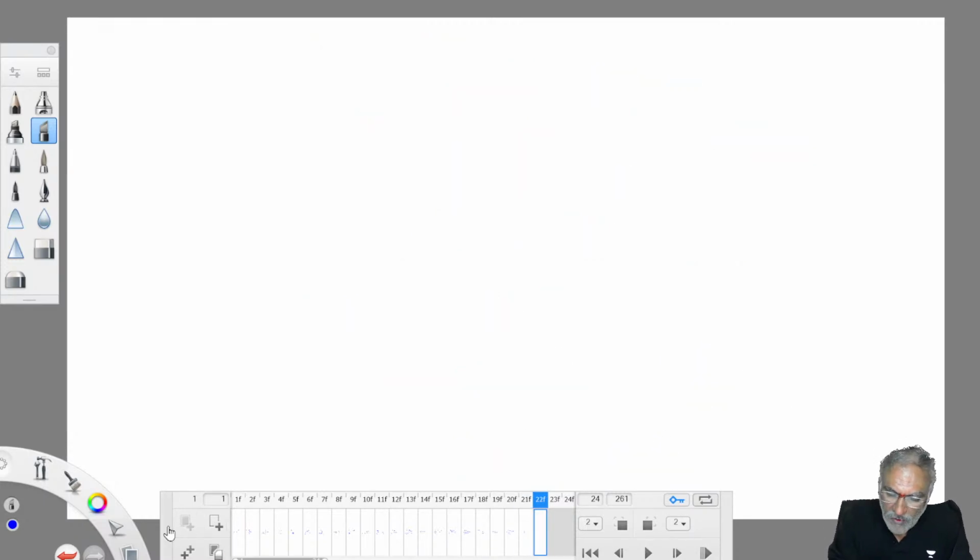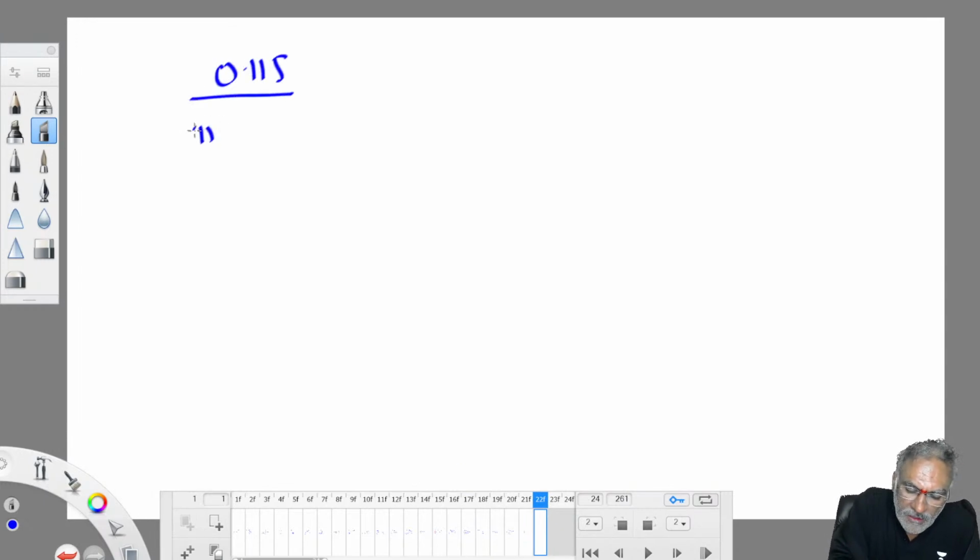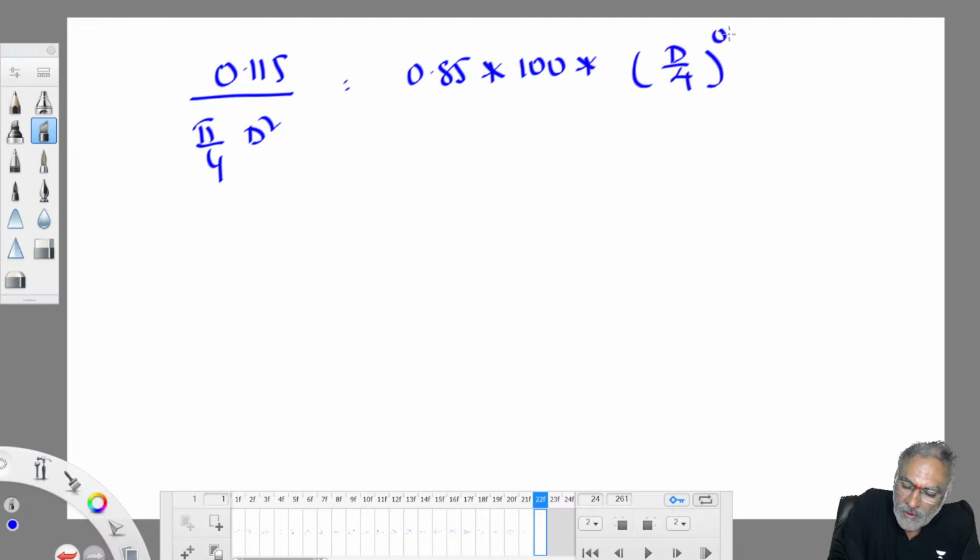V is equal to Q by A, so 0.115 by pi by 4 D square is equal to 0.85, CH is given as 100, R is unknown, D by 4 to the power 0.63, S is equal to H by L to the power 0.54. This is the equation.